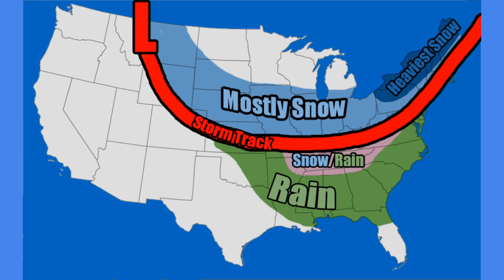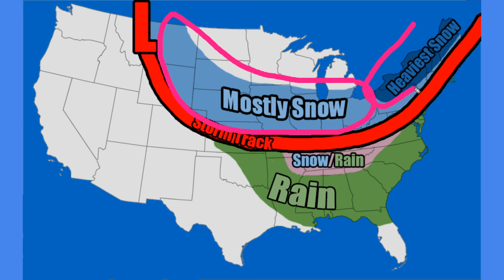So here's my forecasted storm track from this system. You see, here's your low pressure and here's your storm track indicated in this red line. So of course you have to kind of imagine this low pressure moving through here, mainly snow on this back side of here, and then we have the heaviest snow over parts of the interior northeast where you could have heavier rates.